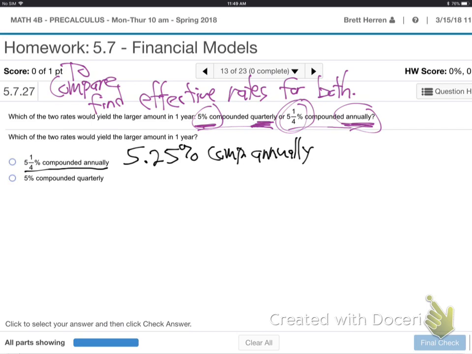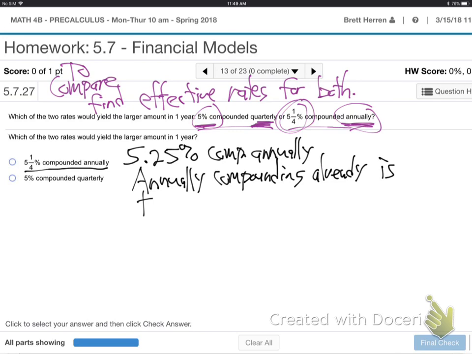Do you realize I don't need to do anything? That's what's going to happen in 1 year. Part A, there's nothing to do. Part B, we have to do. Part A's done. If you're only compounding the money once in a year, well then that's it. That's the effect. You see, it's only necessary to calculate it if they do it more than once. That's when it starts to change and morph. Right? You with me? So for annual compounding, the stated rate is already the effective rate.